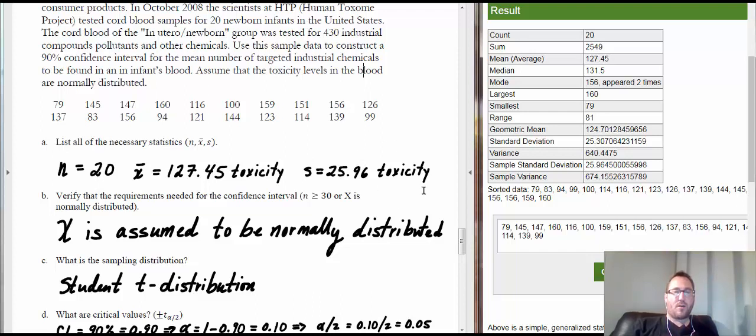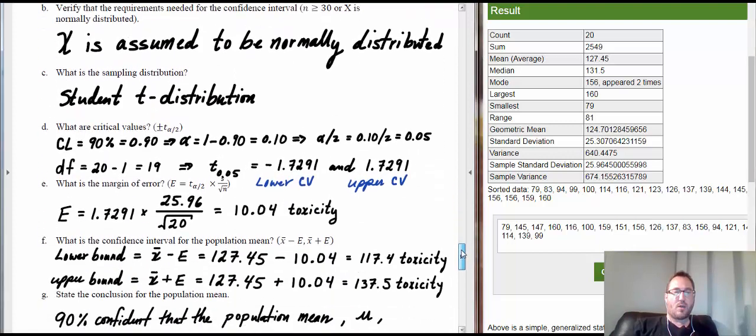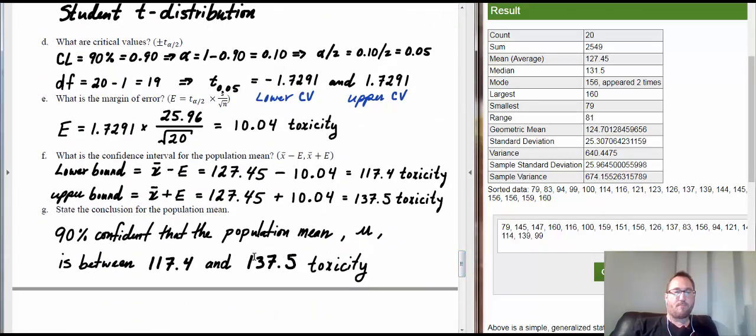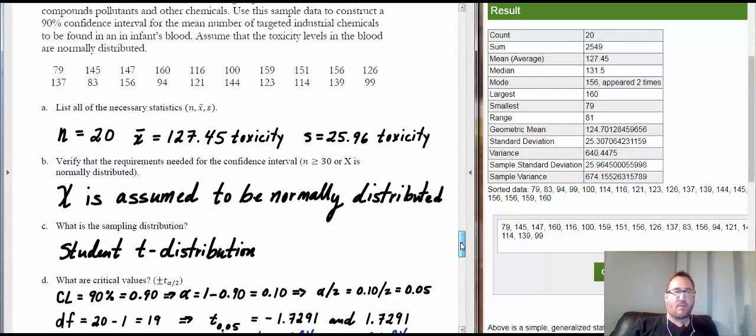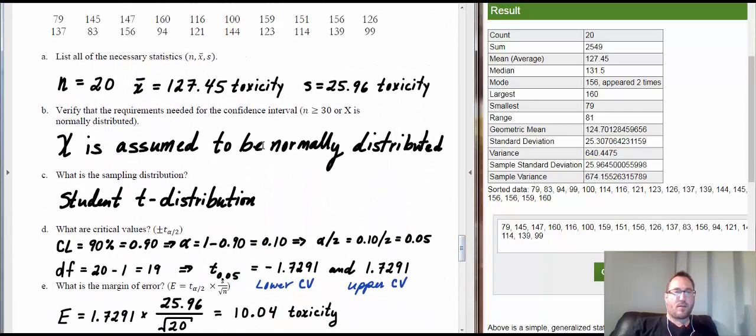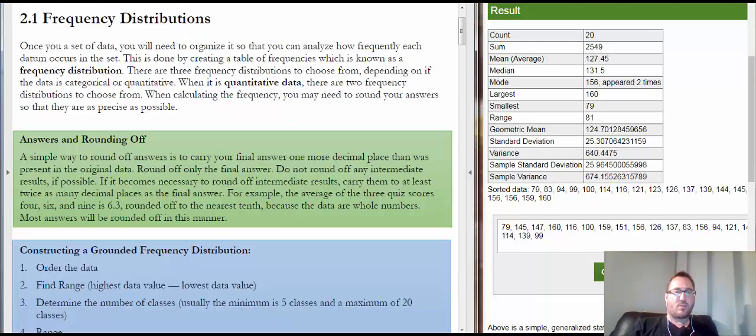Since these are whole numbers, we want our answer to be one more place than that. So therefore, all intermediate values need to be double that, which is 2 places. To go back over those rules of rounding, like I've emphasized before, going back here to section 2.1, it says a simple way to round off your answer is to carry your final answer one more place than was present in the original data set.